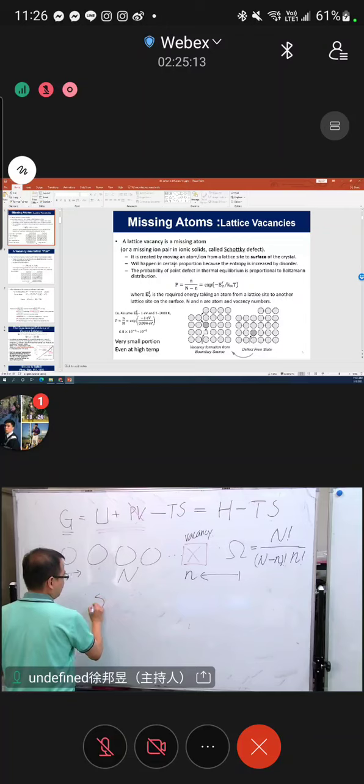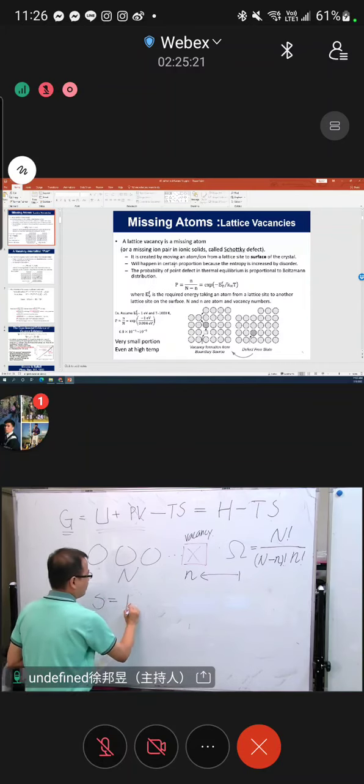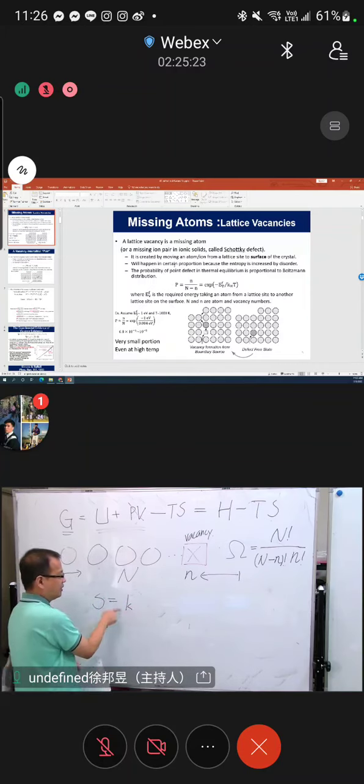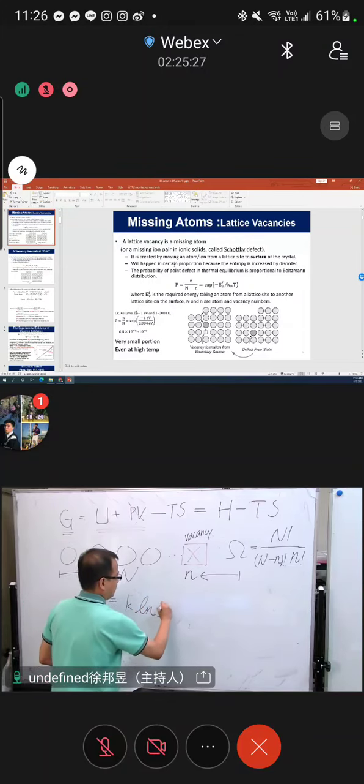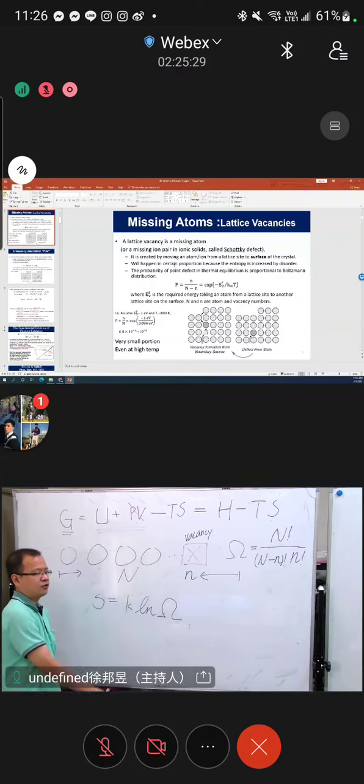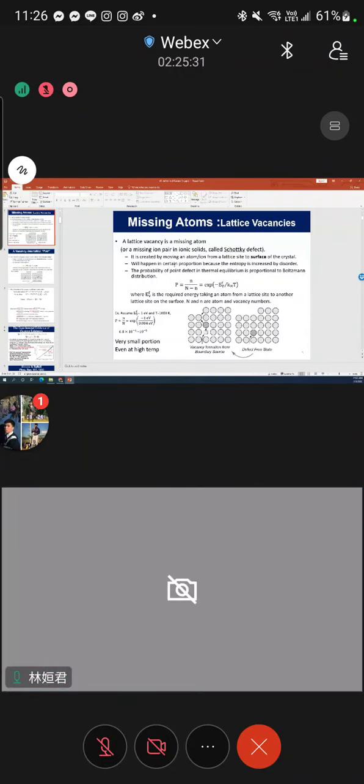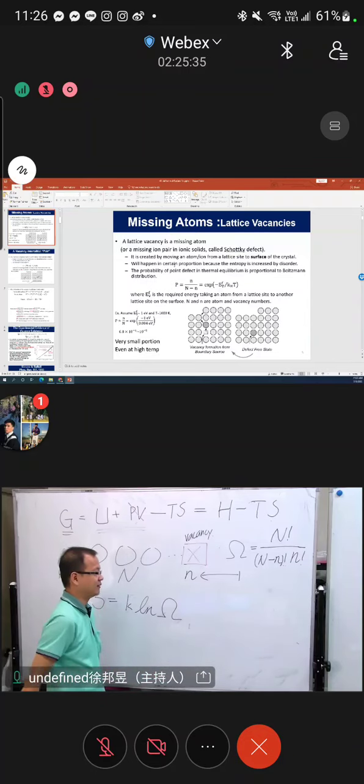And the energy can be explained by the concept called entropy. Boltzmann said entropy is equivalent to the Boltzmann constant times the natural log of this omega, the combination weight. That's how many ways you can form this system or this crystal.